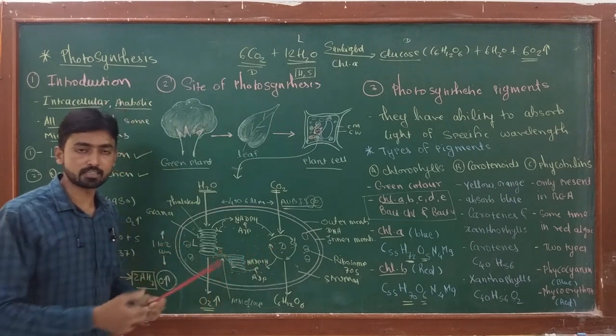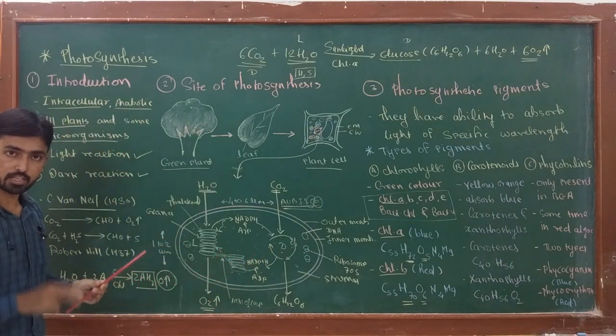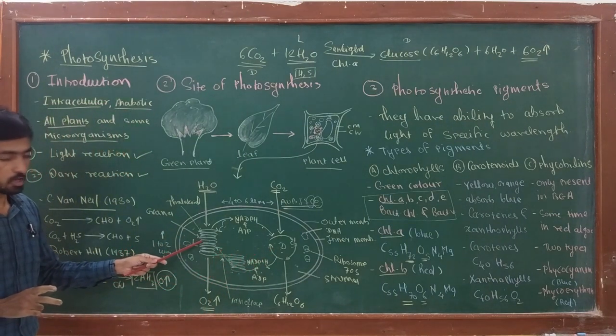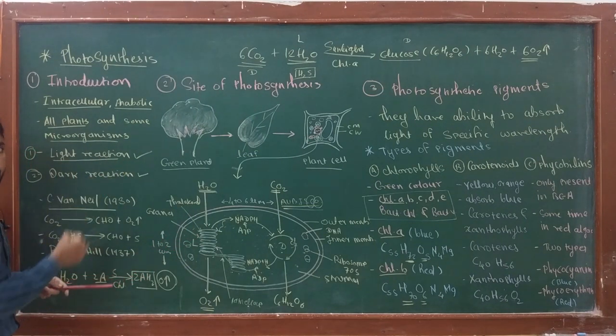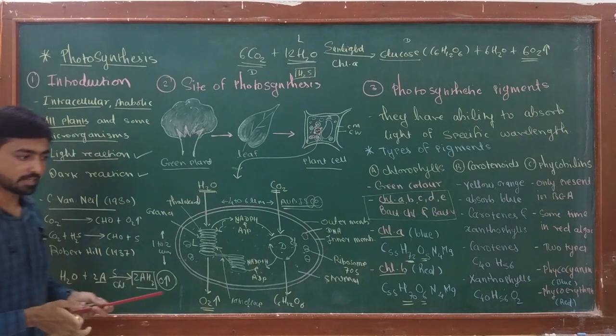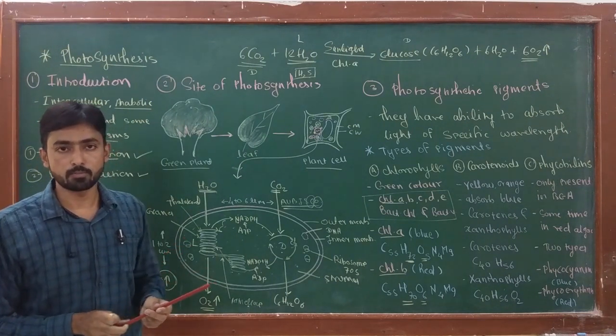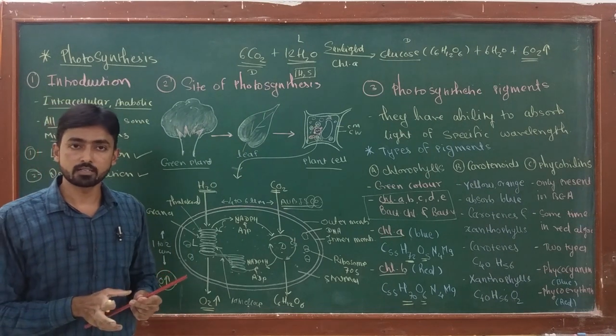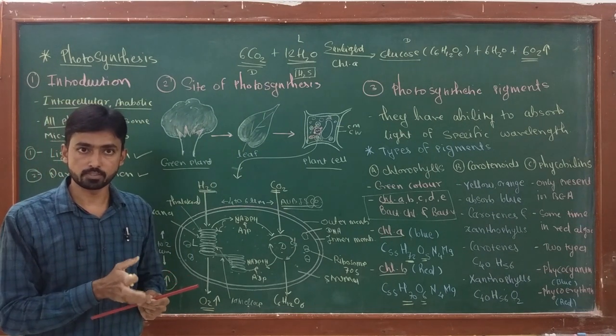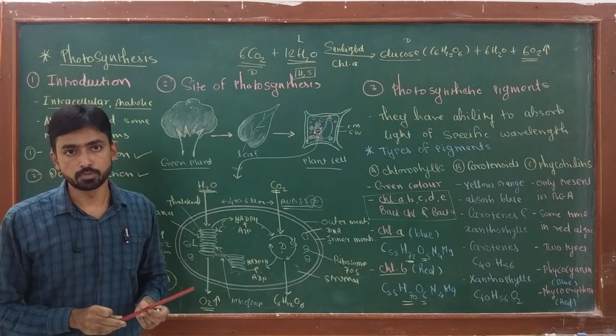From my next lecture I am going to start with the first reaction, which occurs in the grana of the plant chloroplast, which is the light reaction. In that lecture I am going to discuss two important types of light reaction that occur in the plant cell, mainly the cyclic light reaction or cyclic electron flow, and the non-cyclic flow of the electron.